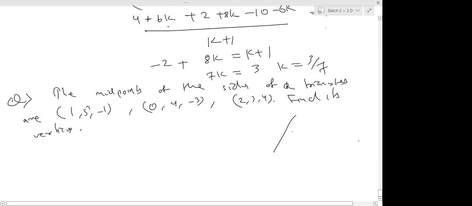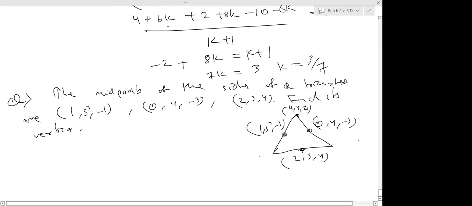All right. They are saying there is a triangle. The midpoints of the sides are given. So assume the vertices as (x1, y1, z1), (x2, y2, z2), (x3, y3, z3).